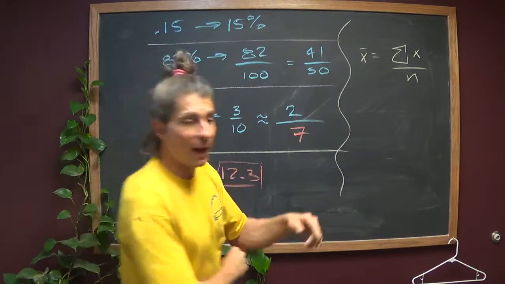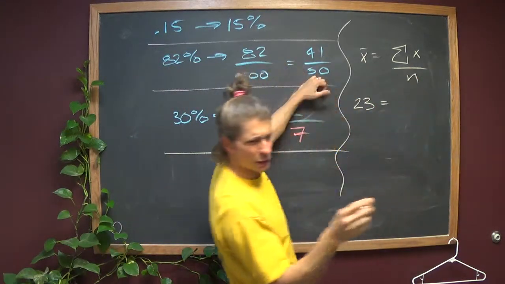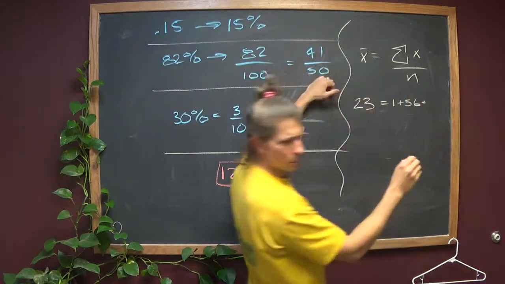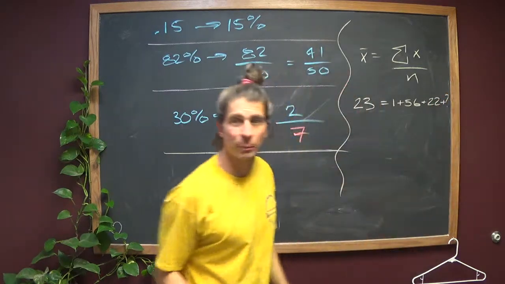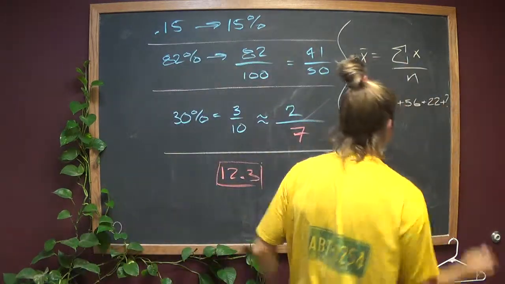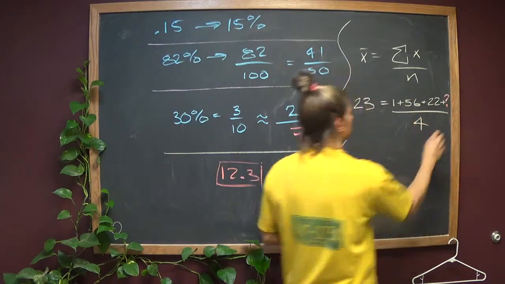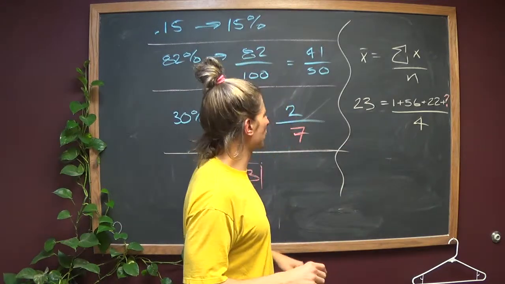Okay, so the average is 23. The sum of the data values is 1 plus 56 plus 22 plus something. I'm going to call that a question mark, and let's make it a colorful one so it stands out. And that must be divided by 4. So 4 times 23 is going to give us, what is that?